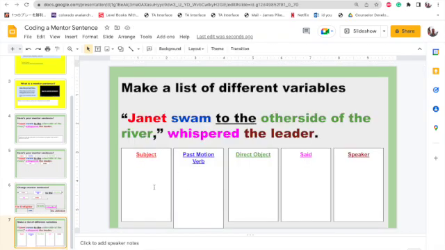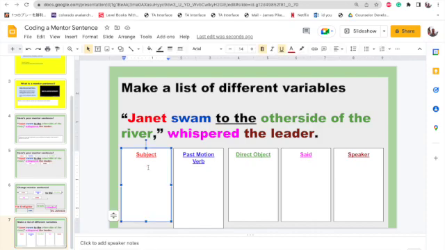Now I want you to make a list of variables. We have 5 variables: subject, past motion verb, direct object, the said, and the speaker. And I want you to make a list of 5 each. Make 5 subjects.